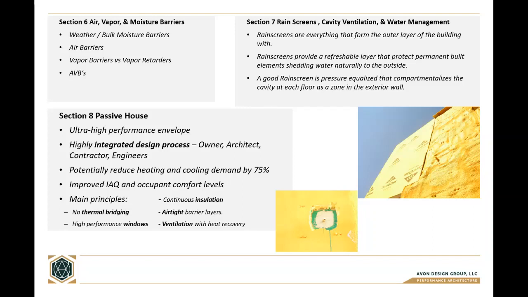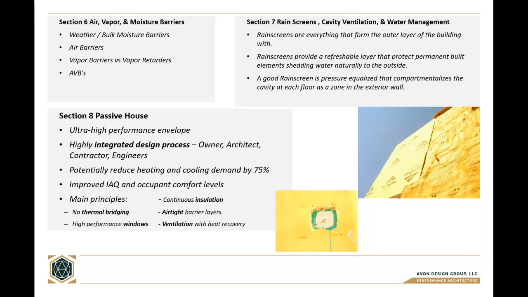Section 7 talks about rain screens, cavity ventilation, and water management to keep water from coming into the building, and how all the systems tie together to force rain that's trying to get in out, as well as allowing for ventilation of the cavities so that you don't build up pressure against the individual weather barriers and other barriers in the system.